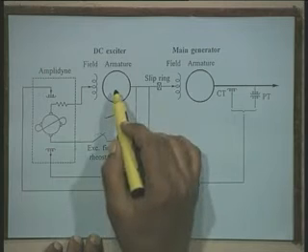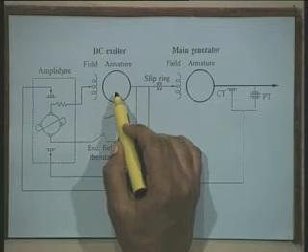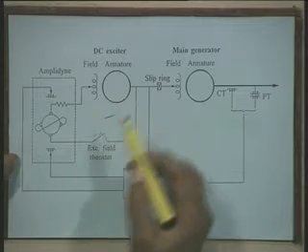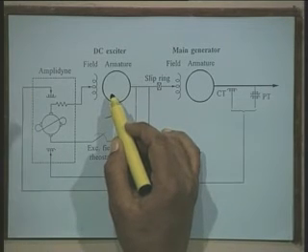The DC exciter may be driven by the turbine shaft or by a separate motor also, and this may be a self excited or a separately excited machine.